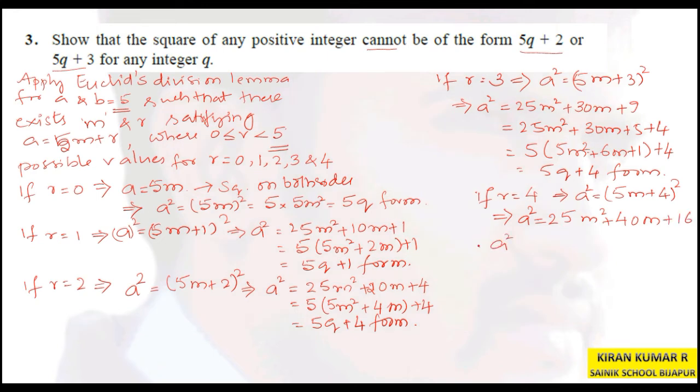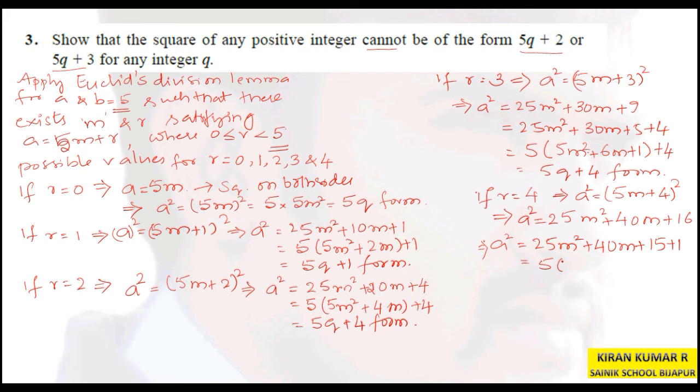Like the previous step, I will be writing this 16 as the multiple of 5, that is 15 plus 1, so that 5 is taken common in the first three terms.